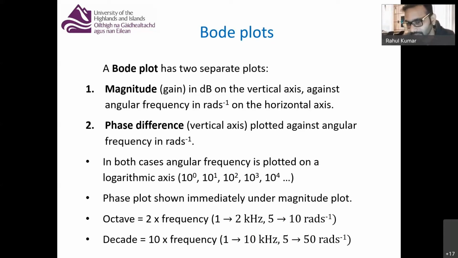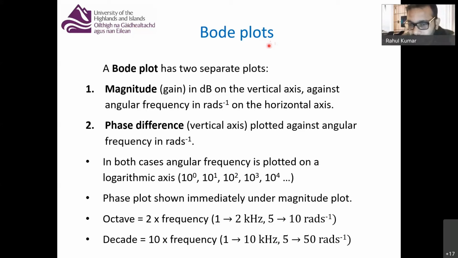It's a bit complicated manually, but nowadays we use MATLAB to plot the magnitude and the phase value at a range of frequencies. And if you plot them, that is called your Bode plot.